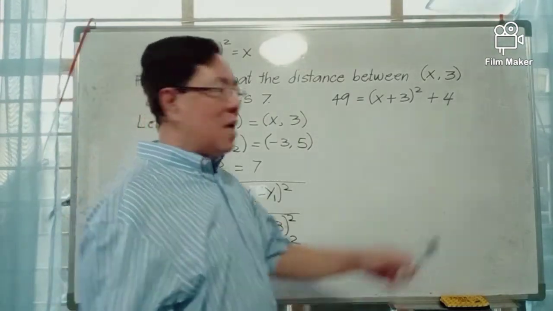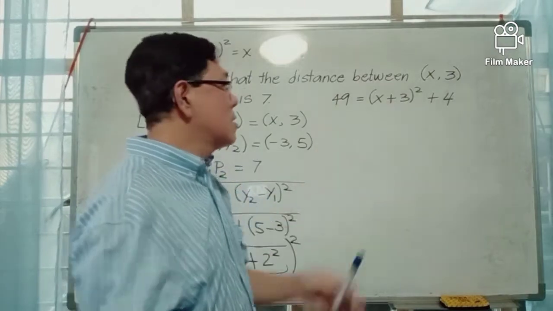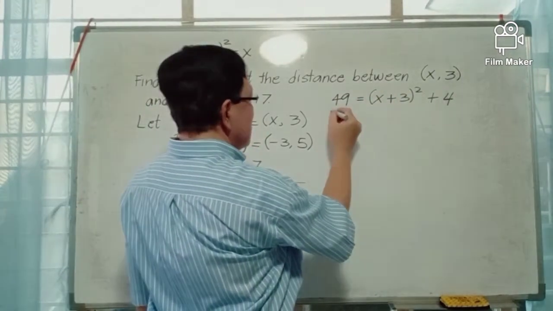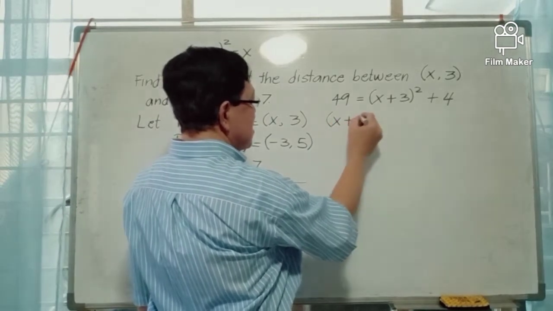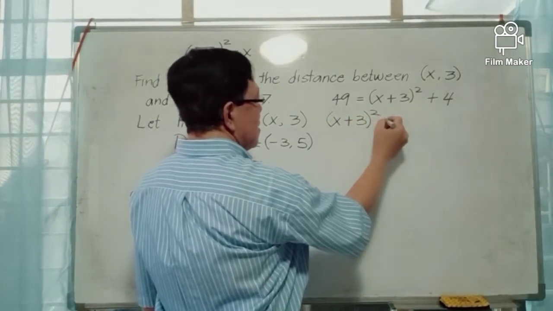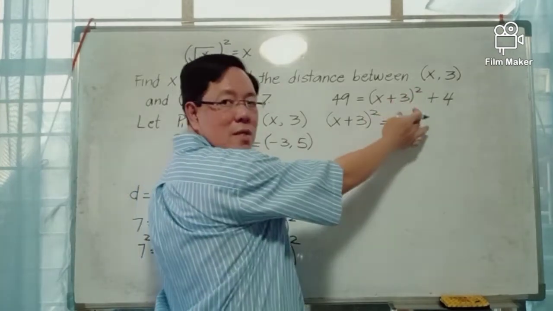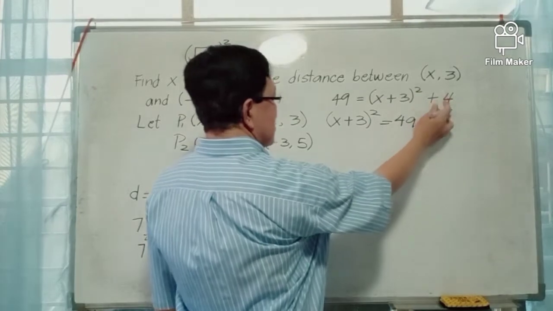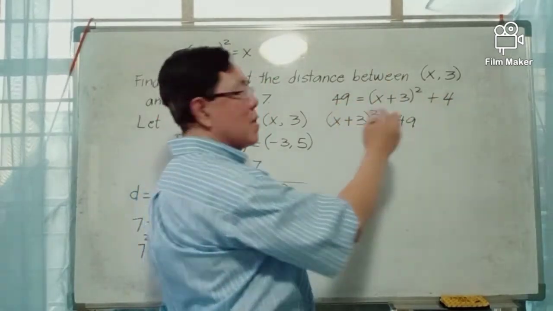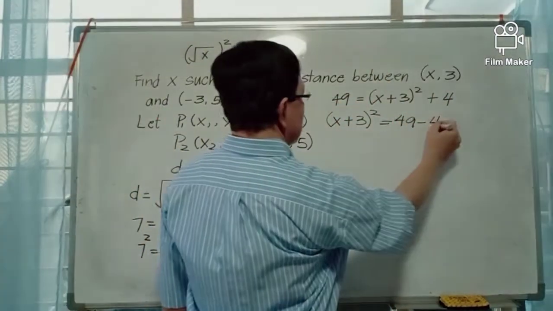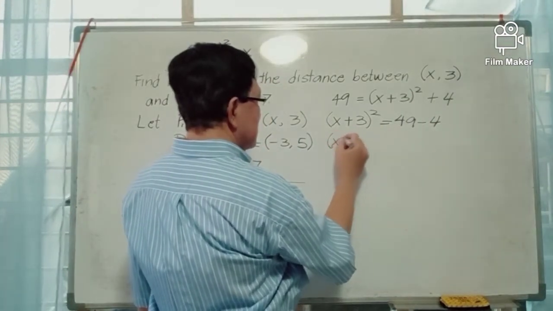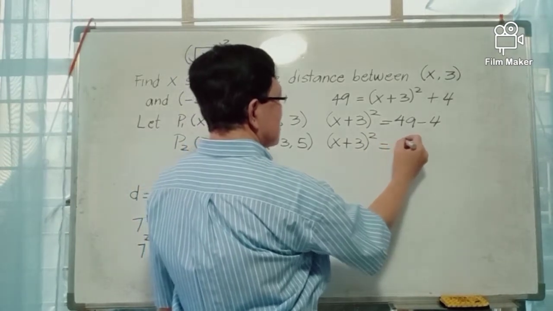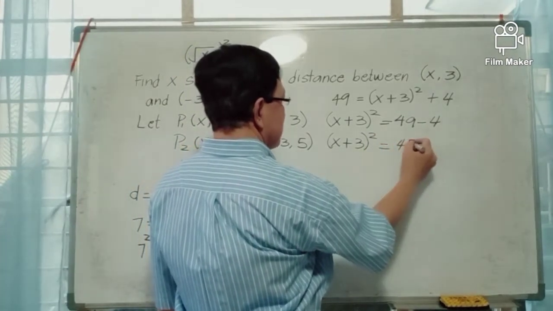We transpose positive 4 to the other side, and from this side we get the square of x plus 3. The square of x plus 3 equals 49, and positive 4 transposed to the other side becomes negative 4. We have x plus 3 to the power 2 equals 45.